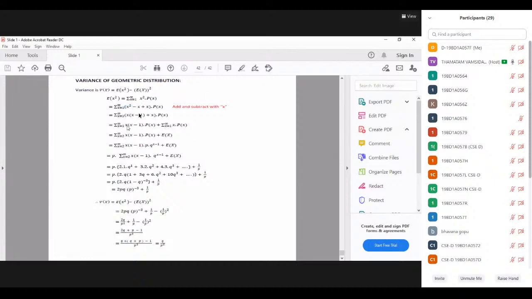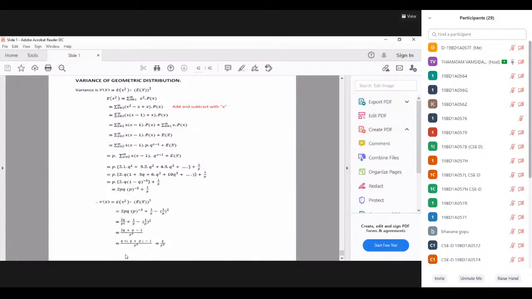The first two terms, x square minus x, I'm considering as one term, and x is the one separate term. In x square minus x, taking x common, we get x into x minus 1 plus x, into P of x as it is.